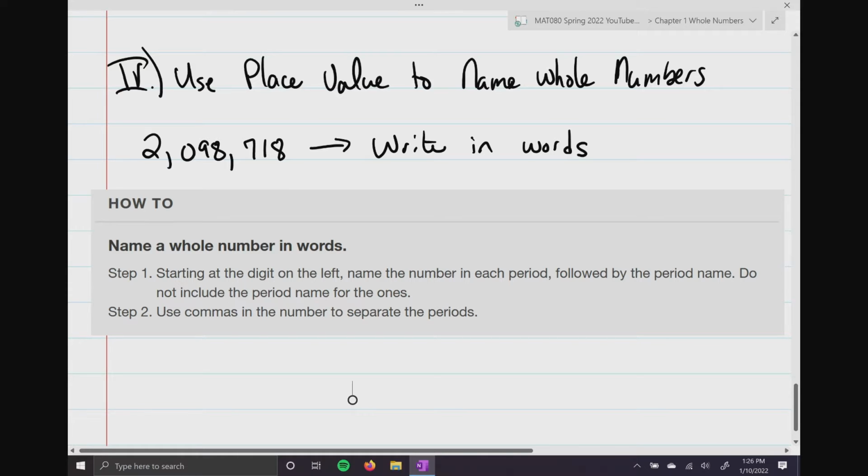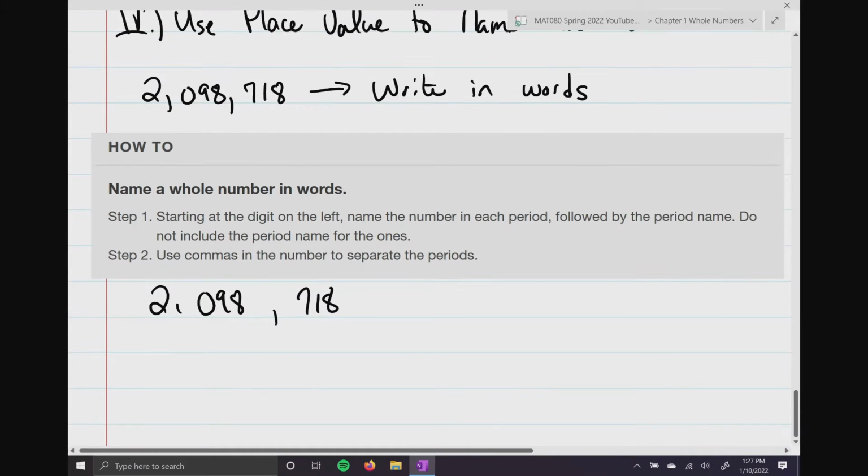So for example, with this first number, I'm just going to rewrite the number here. This 2 is in the millions position, so I would start this off by saying 2 million, comma.